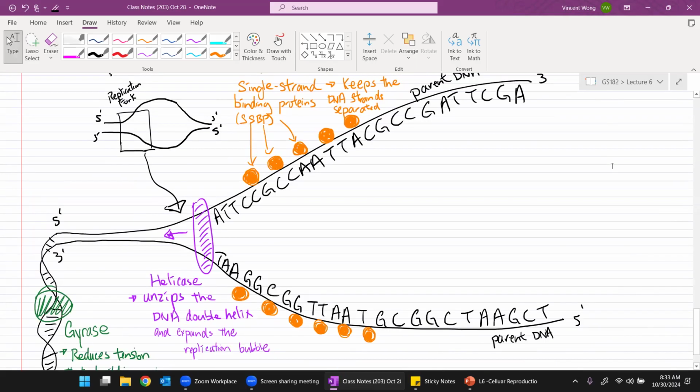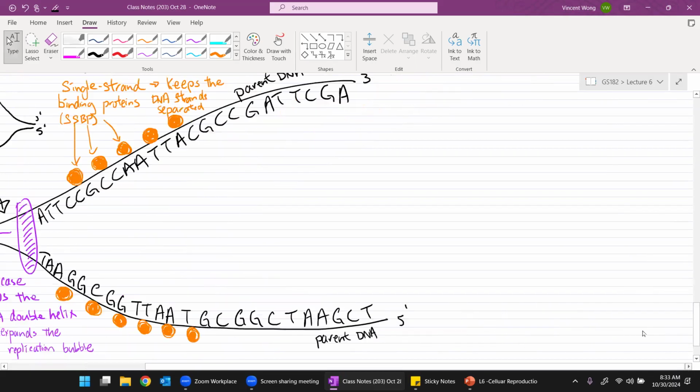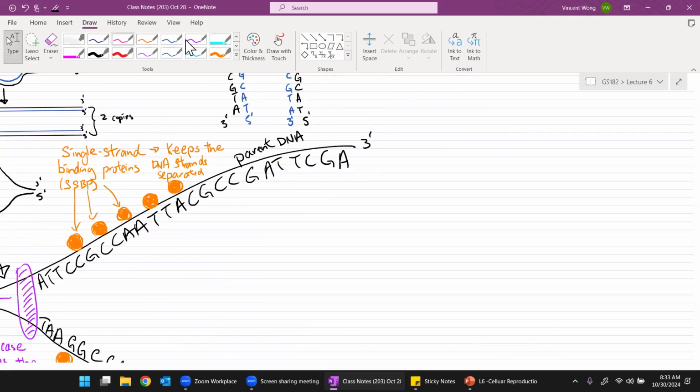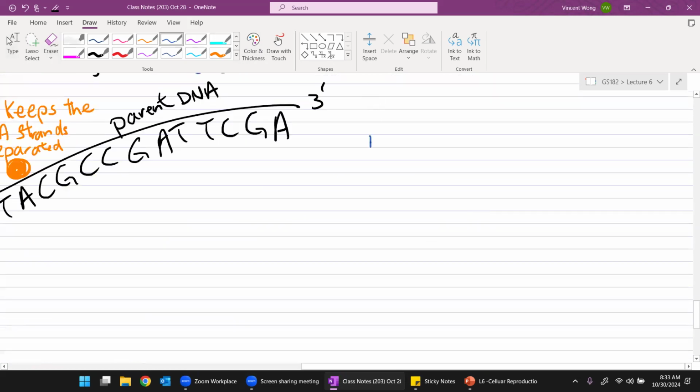So I hope you brought more colors. The next enzyme that is going to be important, I'm just going to put it on the side here, is something called DNA polymerase 3. Okay, so we use Roman numeral 3. DNA polymerase 3.